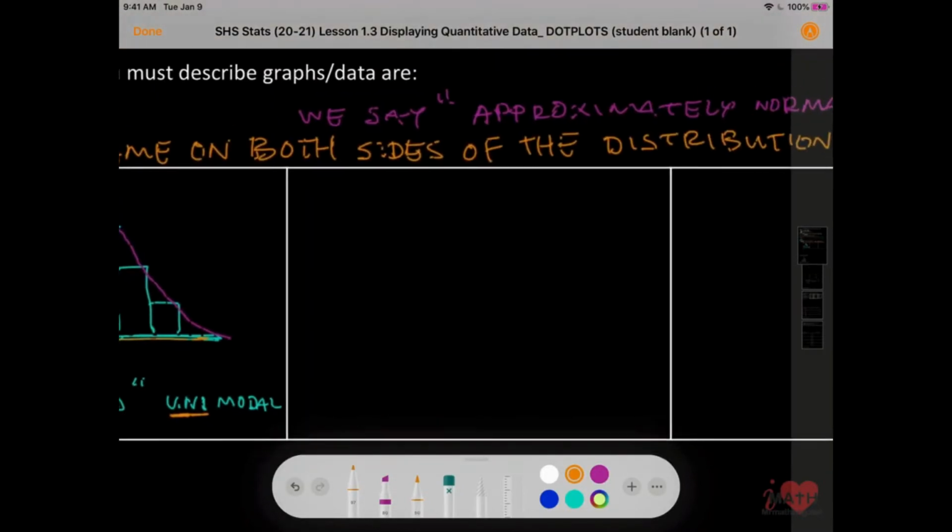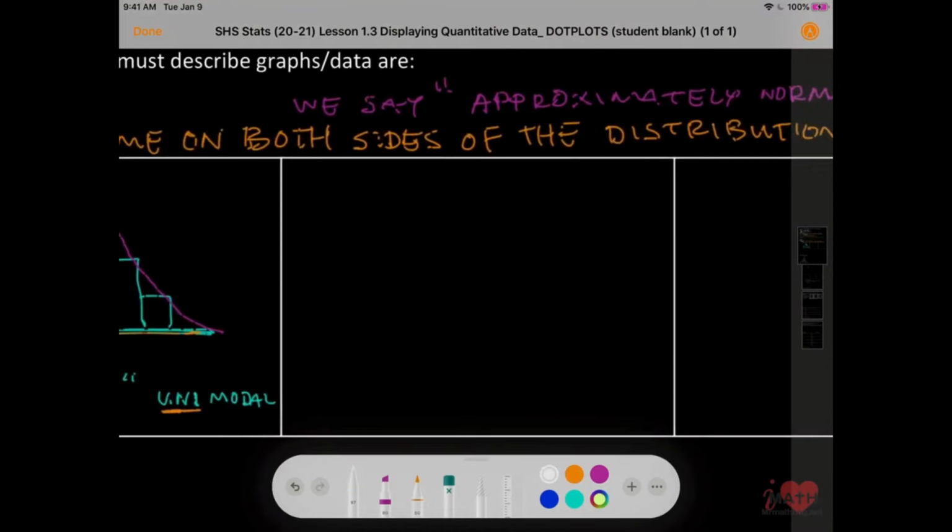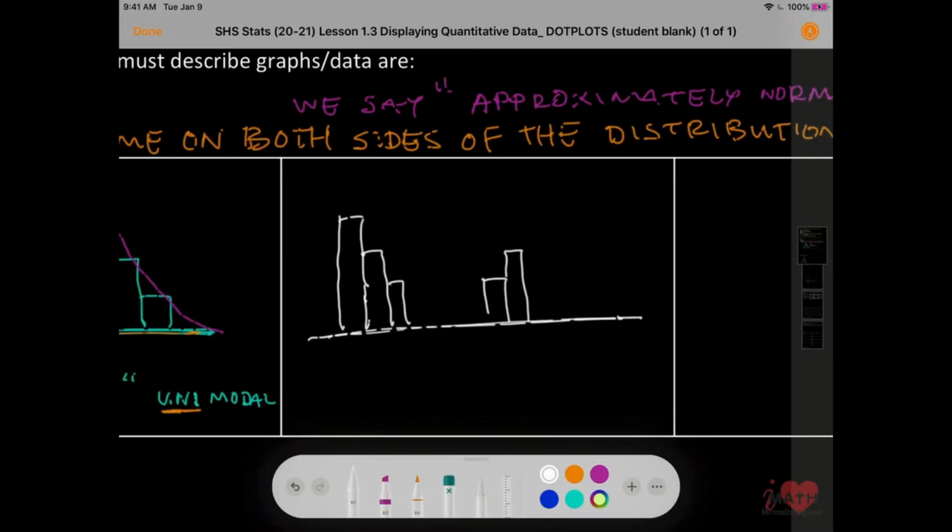All right, let's go to the next one. So let's say you have a graph, and say it looks just like the other side.